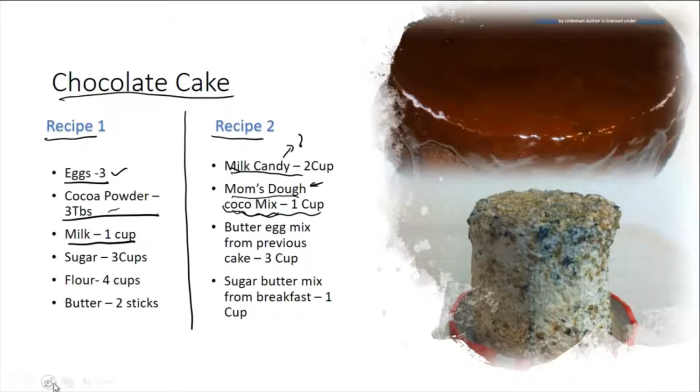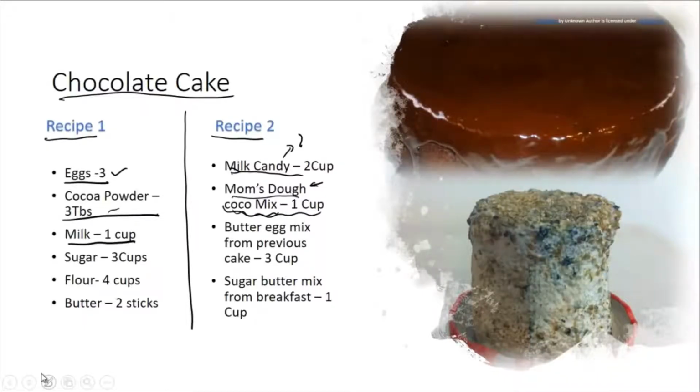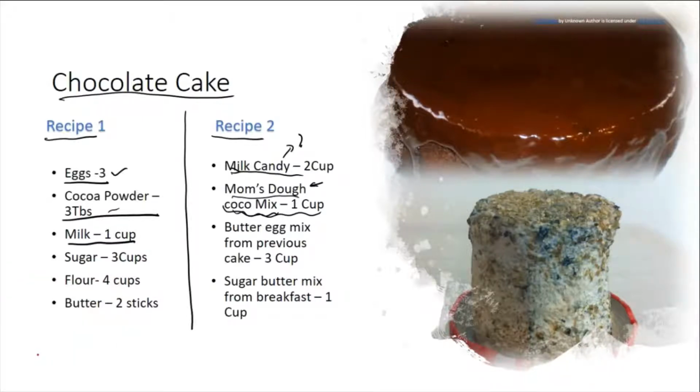So, expressing a function as a sum of... let me get it out. If I have a function, say the chocolate cake, think of it as a function, f of t. F of t can be represented as, or can be made by mixing all these functions.